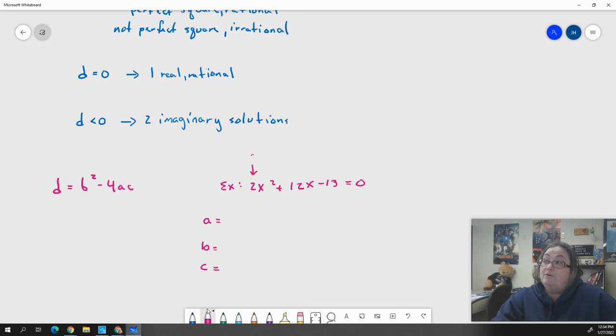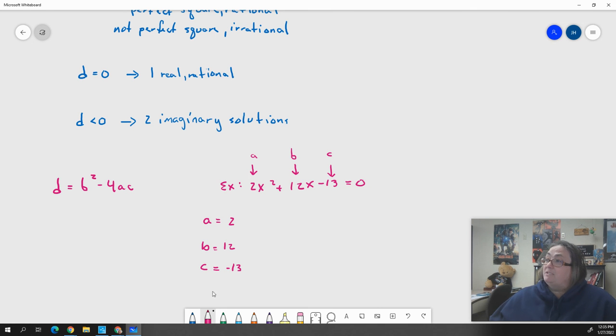If there's no number there, we just put 1. There is a number there, so in this case, our a equals 2. Our b is always the number in front of x. So in this case, b equals 12. And our c is always that number at the end that doesn't have either an x or an x squared, right? It's just a number. And so that would be negative 13.